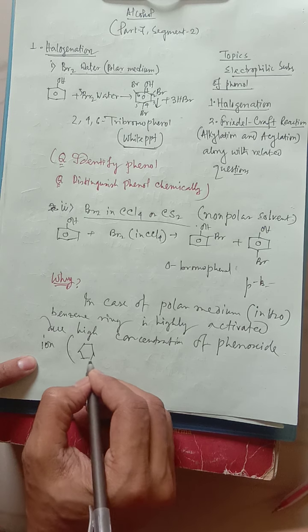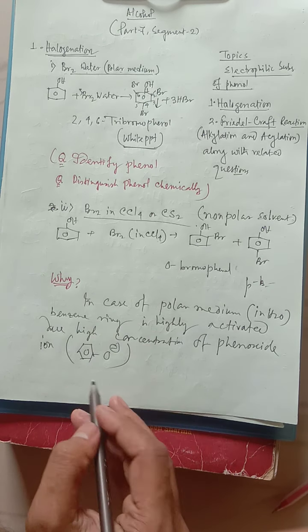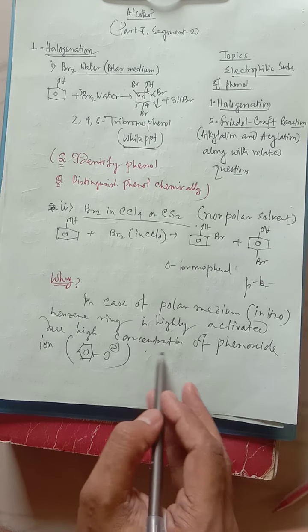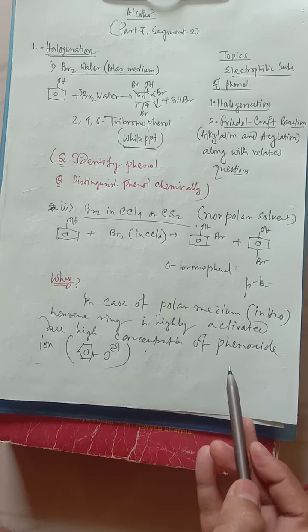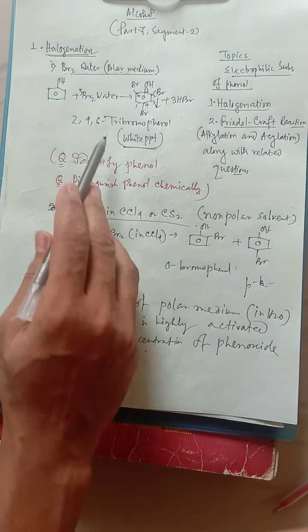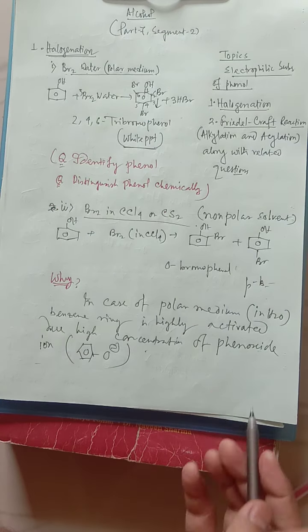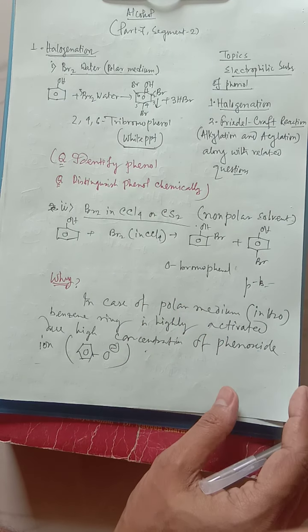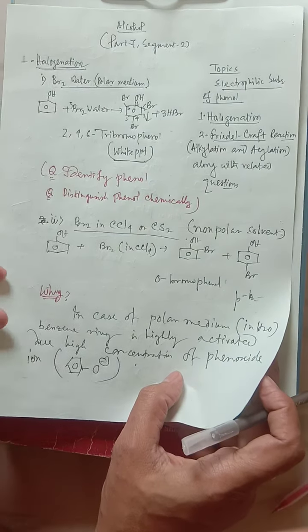Hope we remember the phenoxide ion structure. So this is the phenoxide part, we have already discussed earlier. A high amount of phenoxide ion is prepared here, but here a less amount of phenoxide ion is prepared. That's why here the benzene ring is highly activated. That's why the tri-substituted product is prepared, whereas the mono-substituted product is prepared there. So it's over. Halogenation we have discussed.